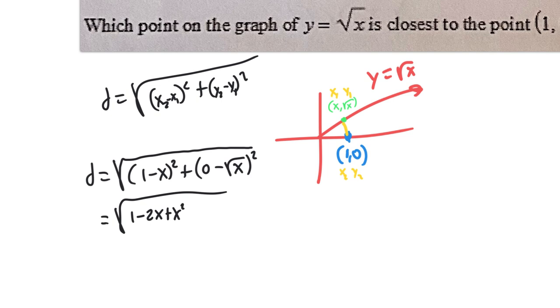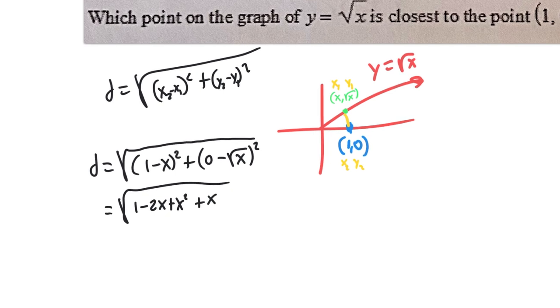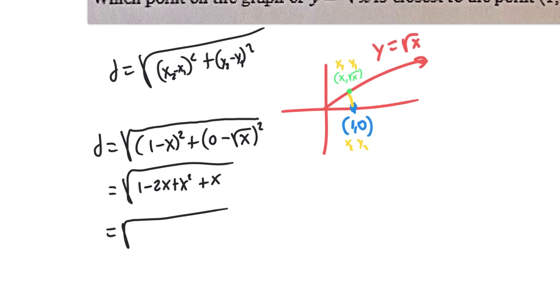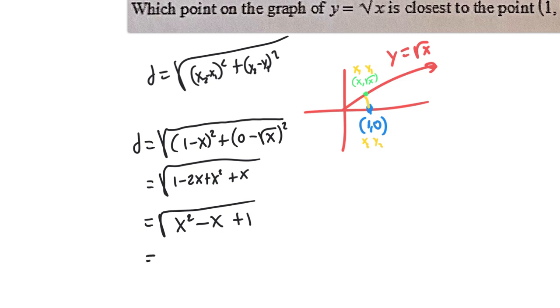And that would be adding this negative radical x squared. Now the negative would cancel because negative times negative is positive, and the square root symbol would cancel as well. So we would end up with just an x there. So let's clean this up further. It would be x squared minus x plus 1. And let's also remind ourselves that that is x squared minus x plus 1 raised to the 1/2.